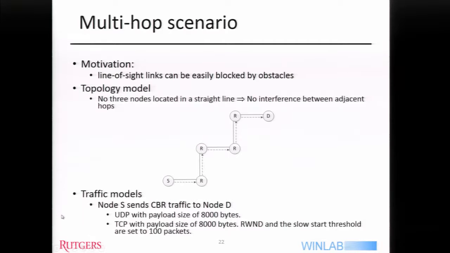Also, later we will show that because we have directional antennas, in ad hoc networks we can achieve much higher throughput than if we use only a direct antenna network, because we have spatial reuse, so less interference between different flows.